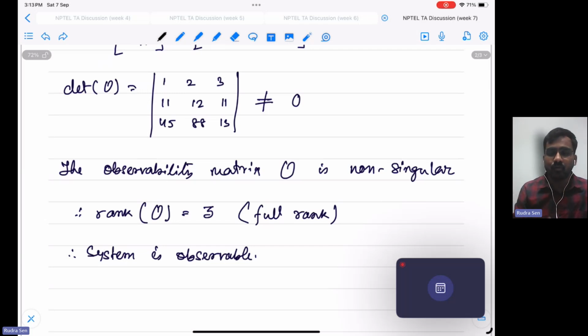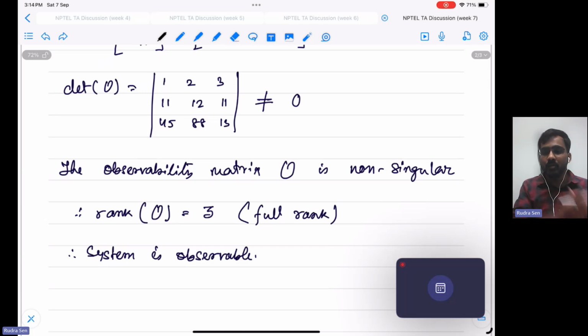But from the output of the system, or the sensor that we are using, we are getting only, let's say, position and velocity. We are not getting the acceleration. Does that mean we cannot design the control signal? No, we can design the control signal. First we have to check whether the system is observable or not.